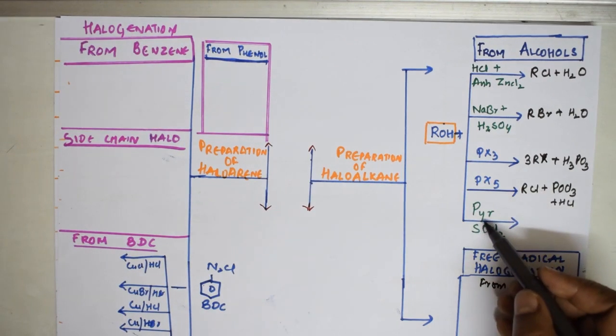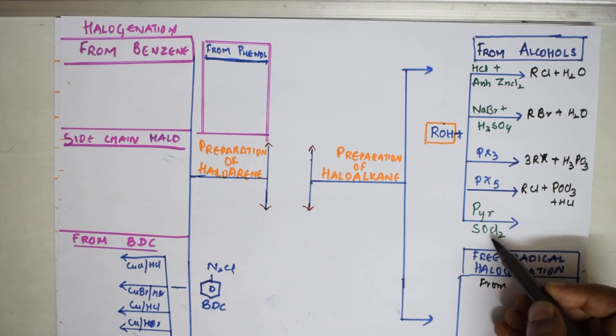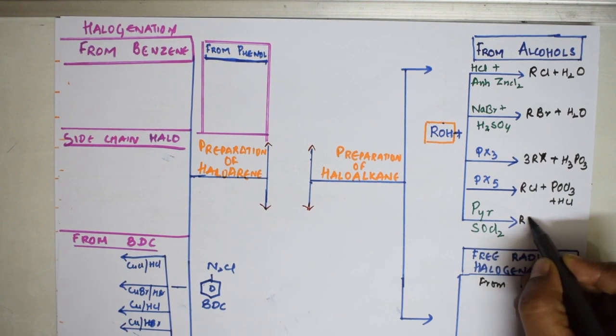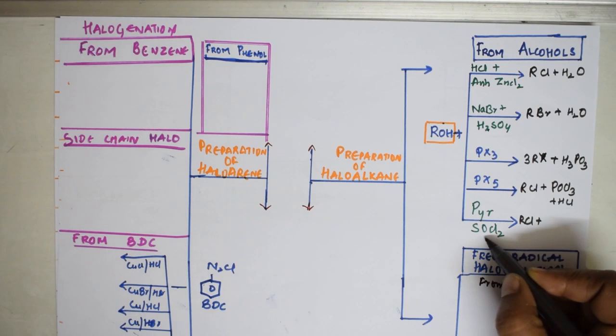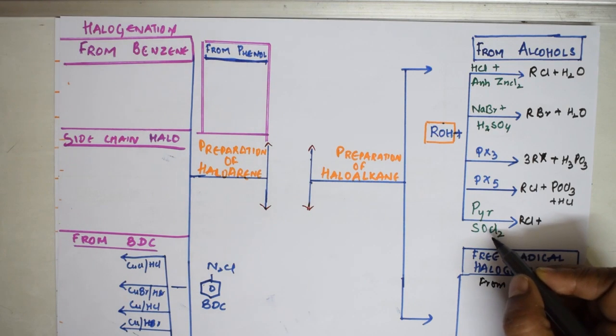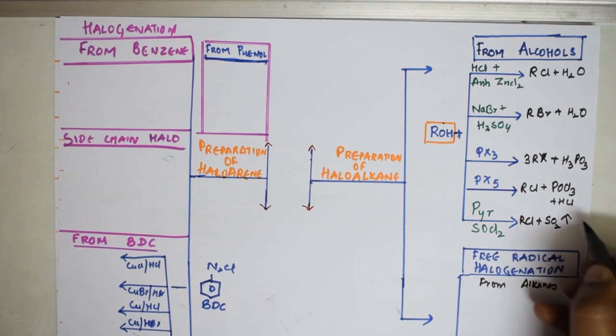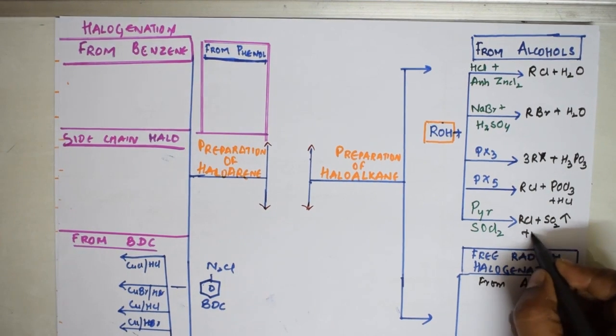Now when I take alcohol and treat it with pyridine and SOCl2, thionyl chloride, this is the most important economical method for preparing haloalkanes, and the product I get is RCl. Why is it economical here? Thionyl chloride releases gases like sulfur dioxide as well as HCl gas.